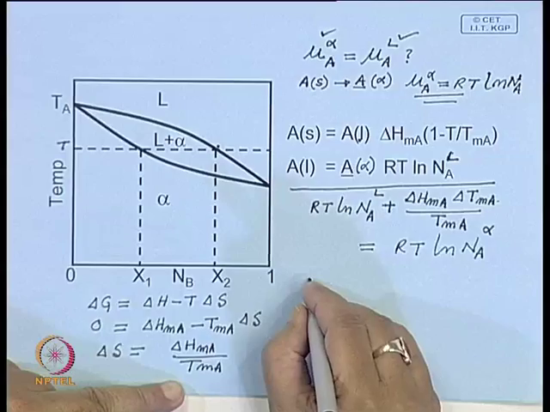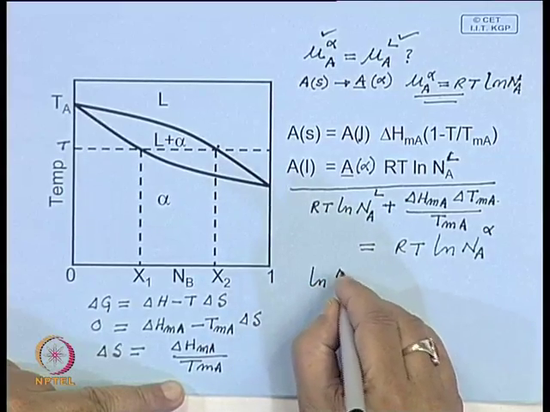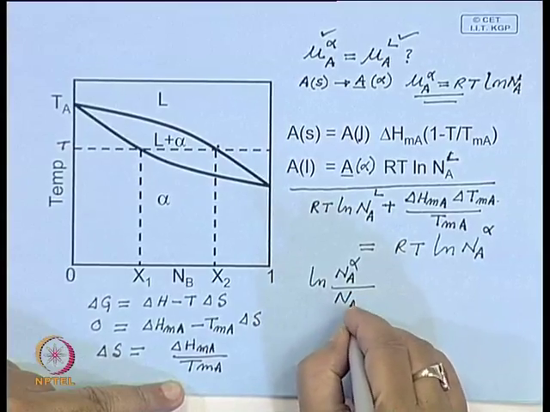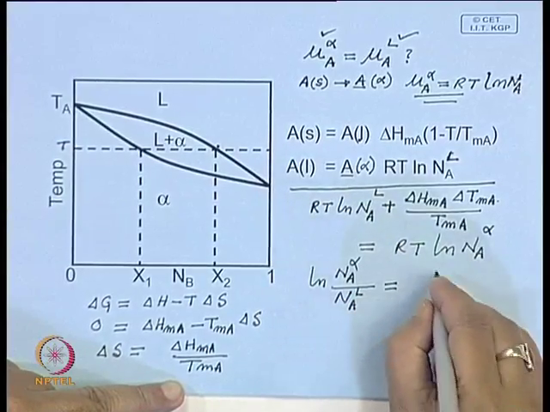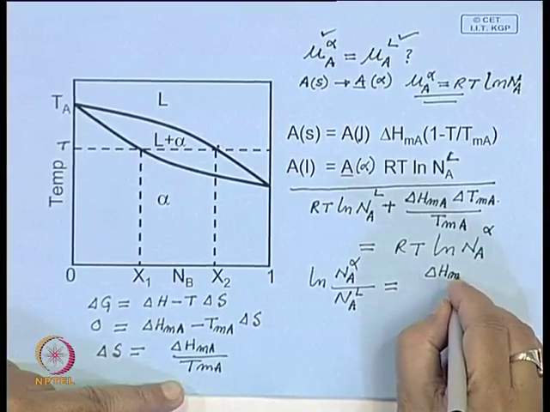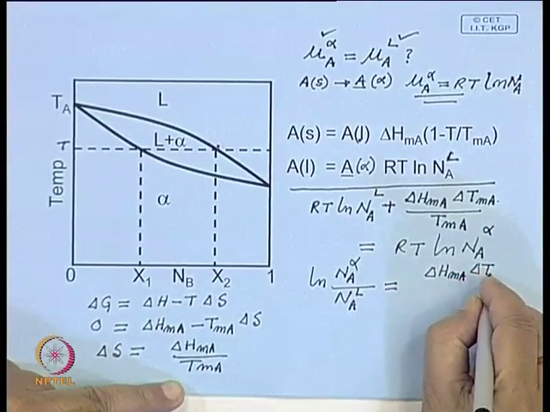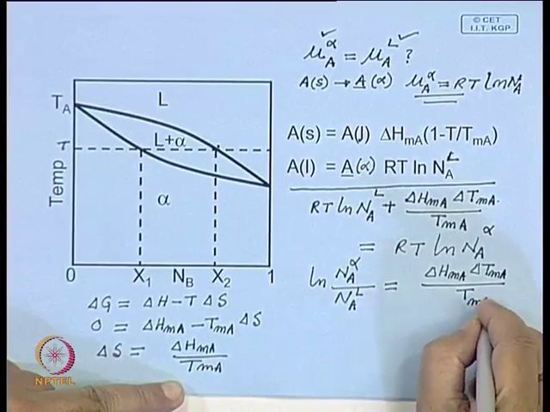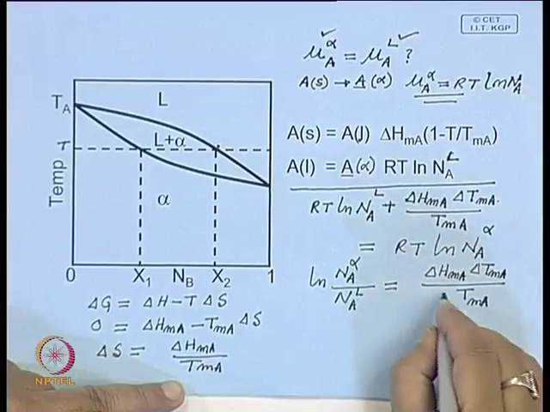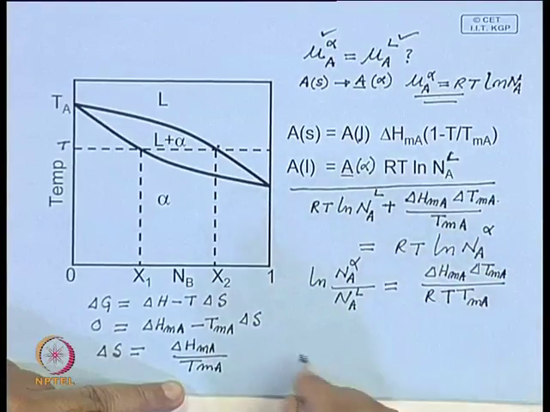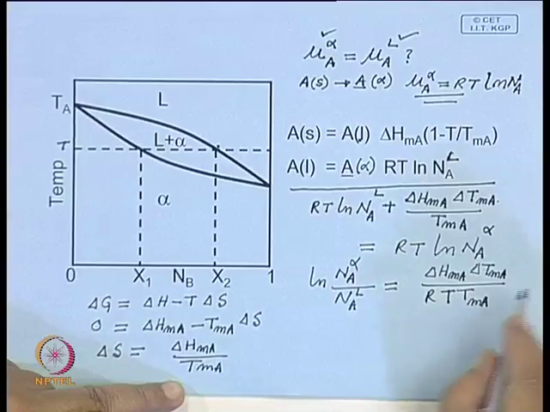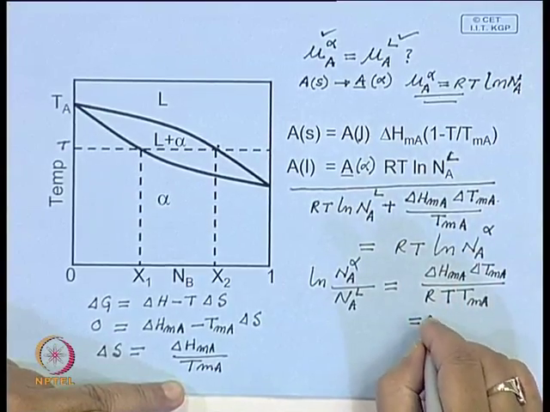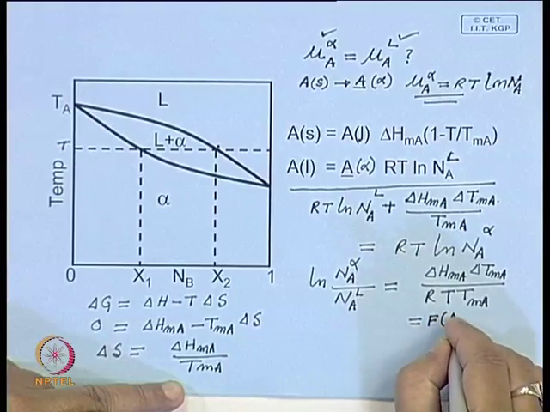Or if you simplify, what you can say is that N A in liquid over N A in alpha is equal to delta H m A, delta T m A, over T, with suffix melting point of A, then R, and this is the temperature. So, this is a function of some thermodynamic features of A.